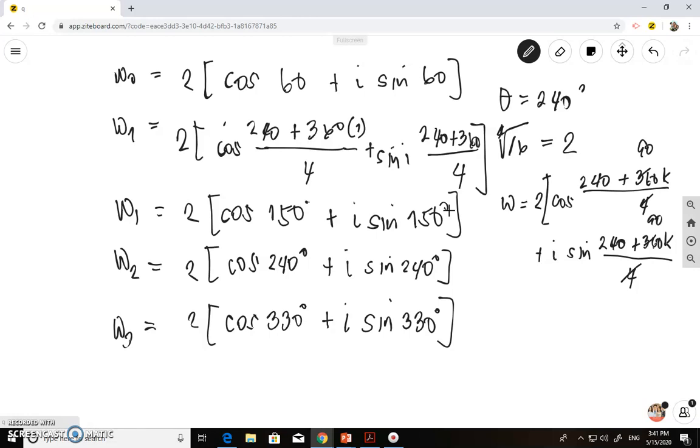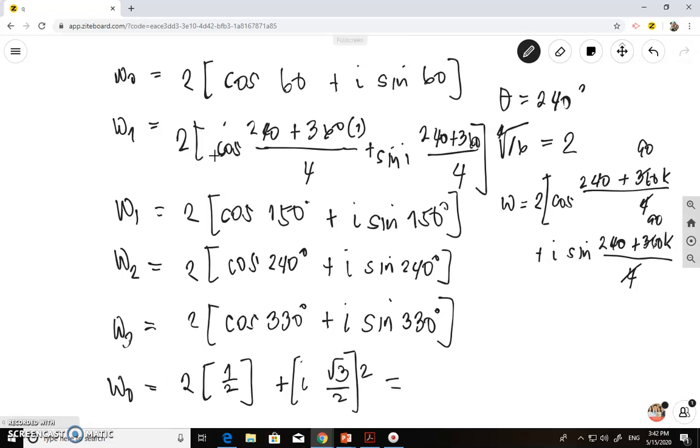So therefore, we can simplify it further. So for example, the W0, okay? We will have 2 cosine 60, which is equal to 1/2, right? And then sine 60 i is equal to square root of 3 over 2, okay? Then times 2 as well.